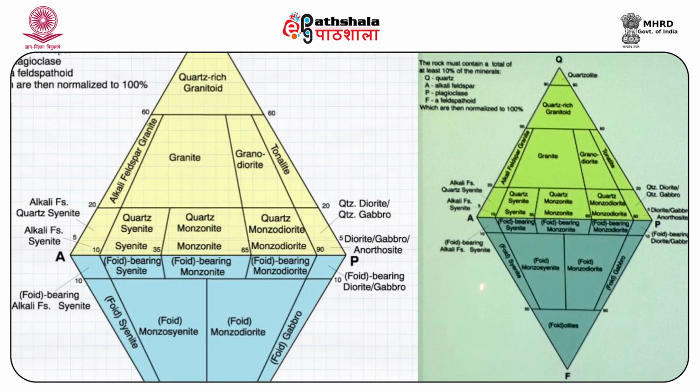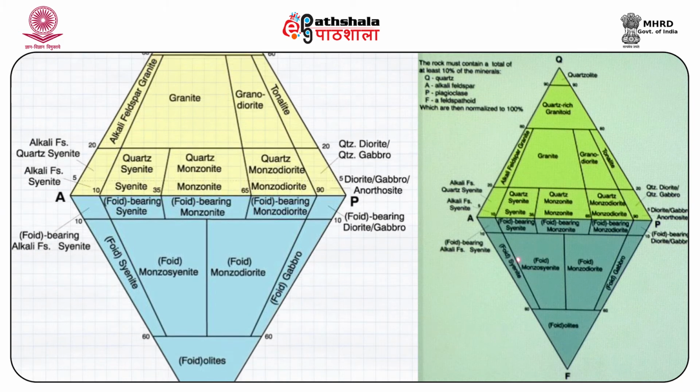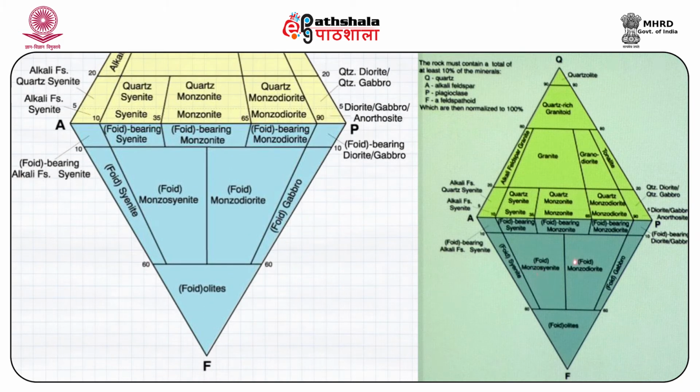Similarly, when you come to the other side where there is very little silica and no free quartz, you will have foids and then foid monzosyenites and foid syenite.